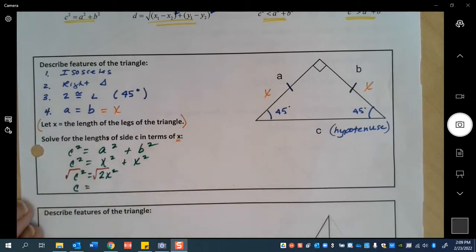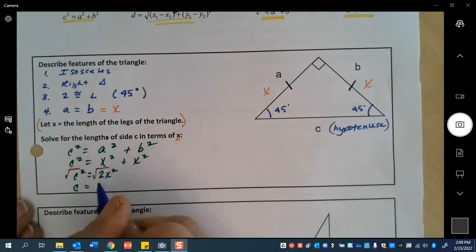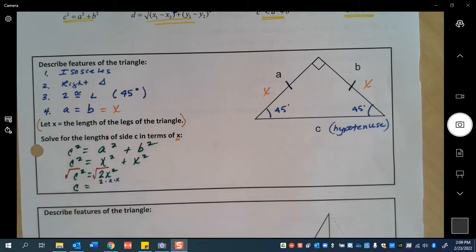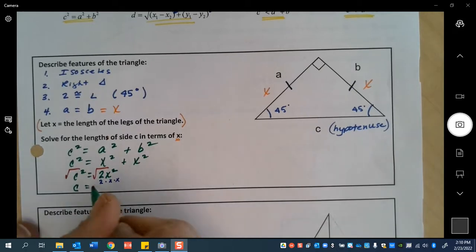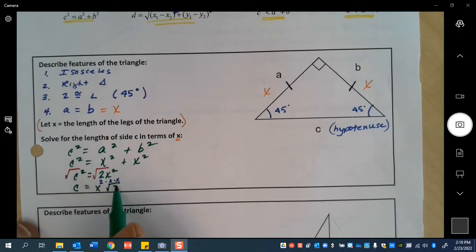And then here's something tricky to understand, because underneath my radical I have a 2 and an x and an x. What can come out of that radical? Just my x. Who's left inside? My 2, because here's my double factor and 2 has no friends. Are you okay with that?